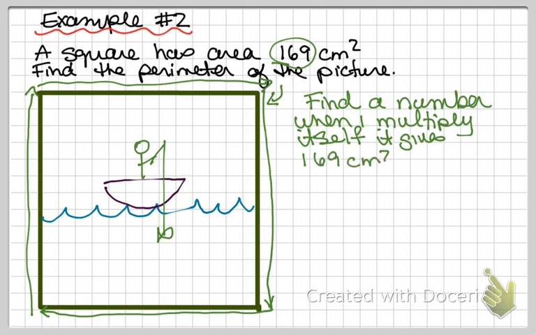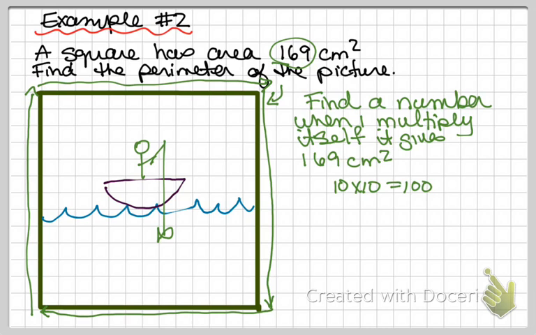When we think about what number, when multiplied by itself, will give me 169, I know it's going to be over 10, because 10 times 10 would give me 100, and that's not quite enough. You can work your way up. 11 times 11 wouldn't quite get you there. That would be 121.